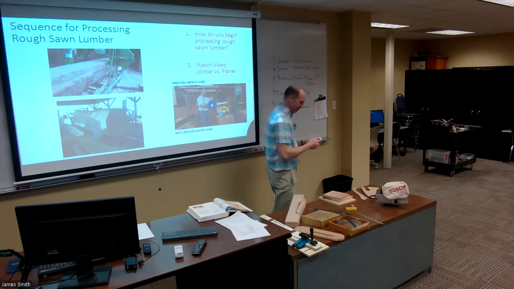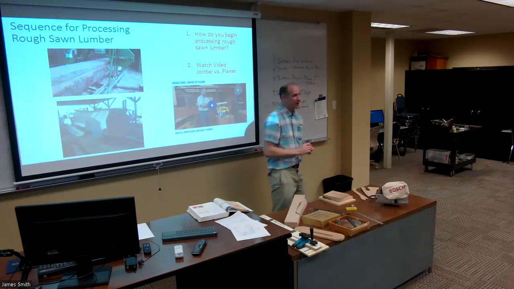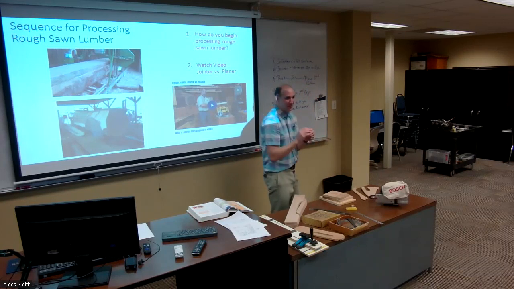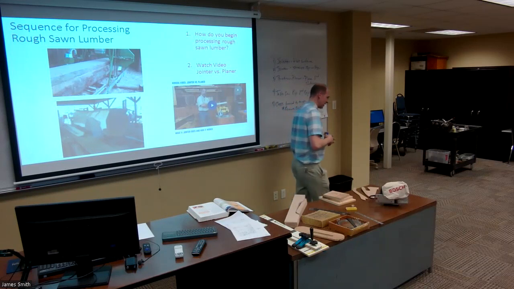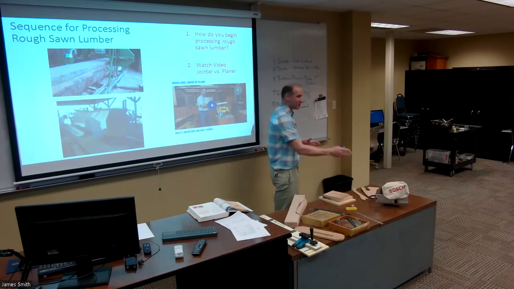Never fails every semester, I look at a project, and one of the parts will have a red end. That's how they take the logs and paint the end grain to help control it and keep it from drying out too quickly. That paint always makes it into one of the projects that I see. You should always cut off the end of that board because that's a rough sawn end. It might not even be square. So cut off the end and then measure and cut the other side.